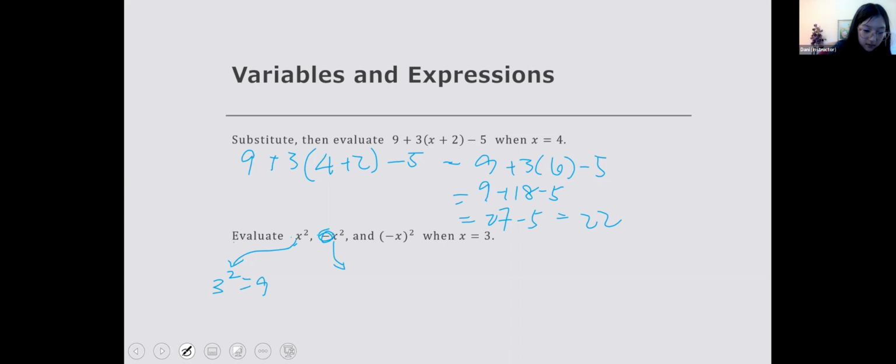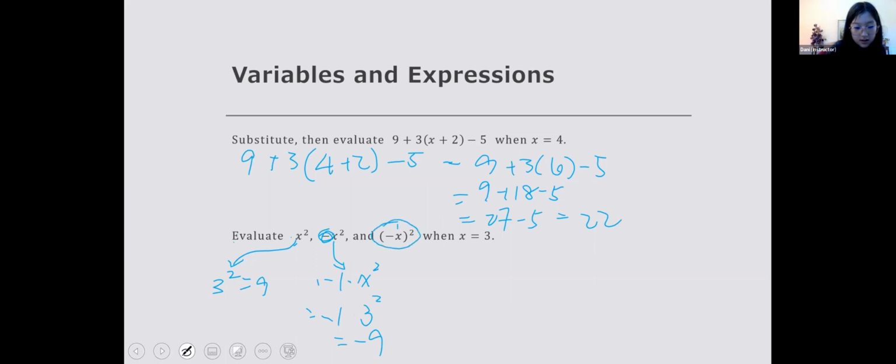And a negative sign is essentially equal to negative 1 times x squared. So these two are different. So we'll be substituting the x with 3. It will be negative 1 times 3 squared. So in this case, this will be negative 9.